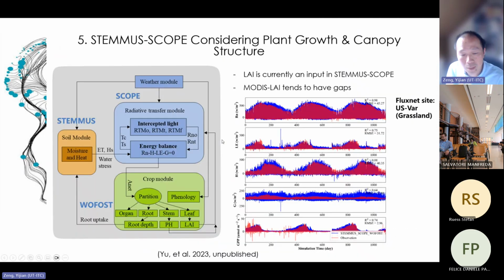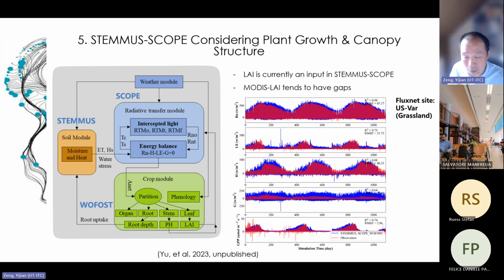In the coming slide, we also incorporate plant growth into the STEMscope model. The idea is that currently we need to use LAI as input for STEMscope, but we know the LAI data is not always there, and when there's no LAI data, you cannot run STEMscope.